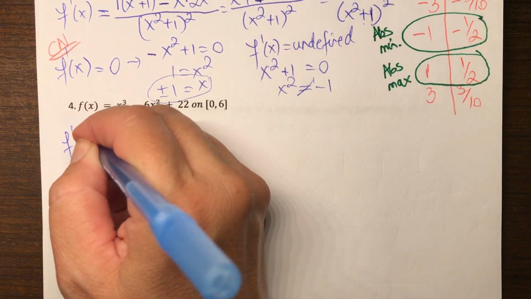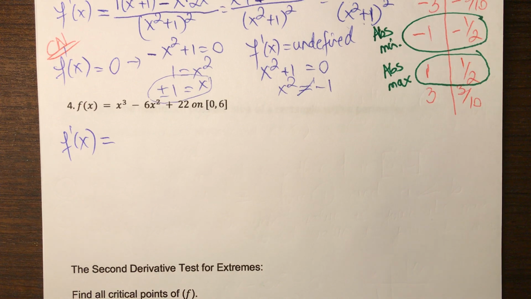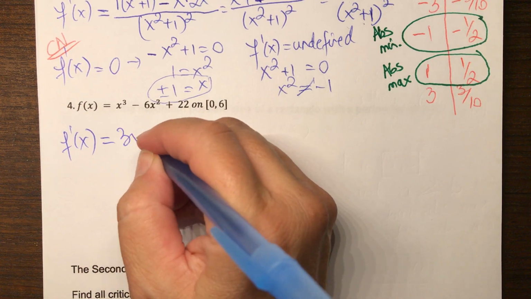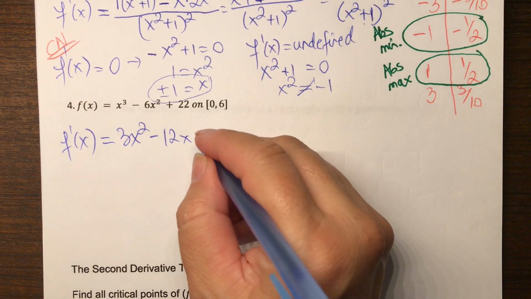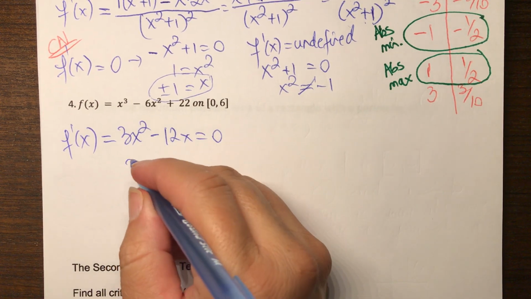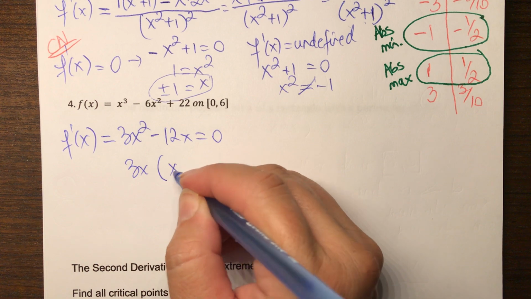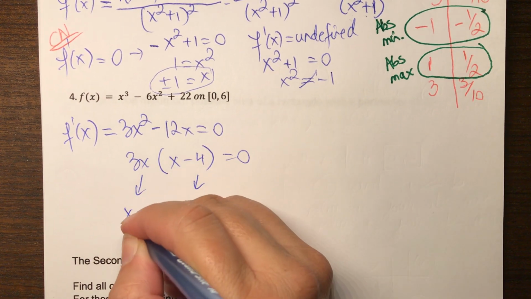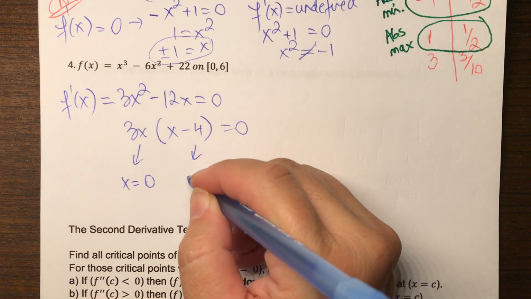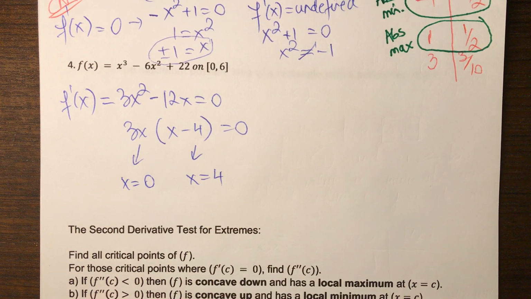It's getting dark here. So the first derivative is going to be 3x squared minus 12x. That's it. Set it equal to 0. Factor out a 3x times x minus 4. So the two possible critical numbers are 0 and 4.